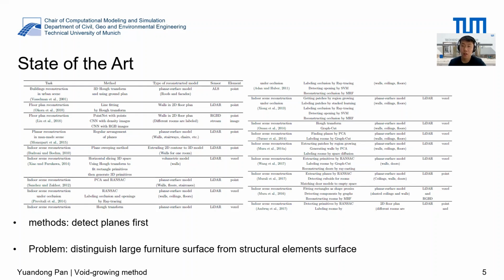Based on that, we propose a method to solve this problem in another way. Instead of detecting planes first, we detect void room spaces first, and then detect the elements based on the detected void room spaces.